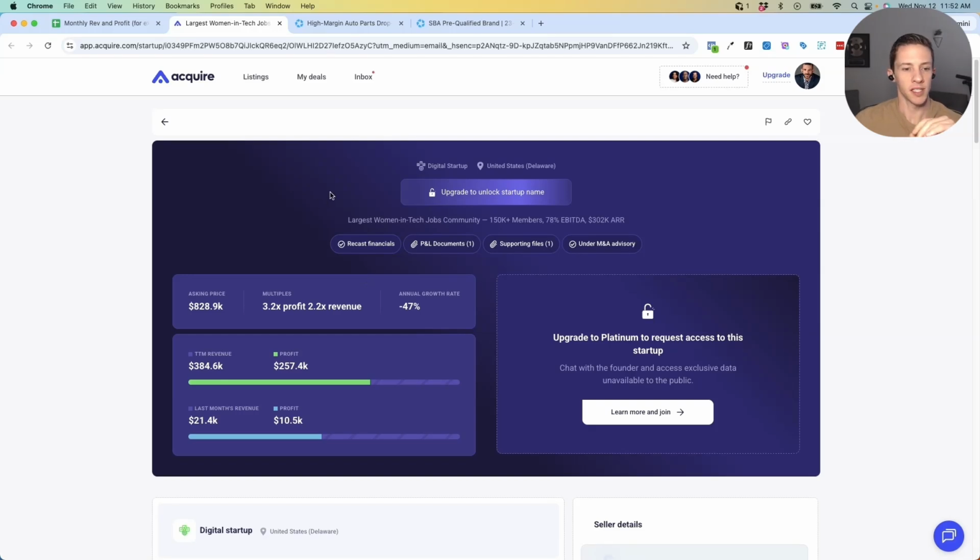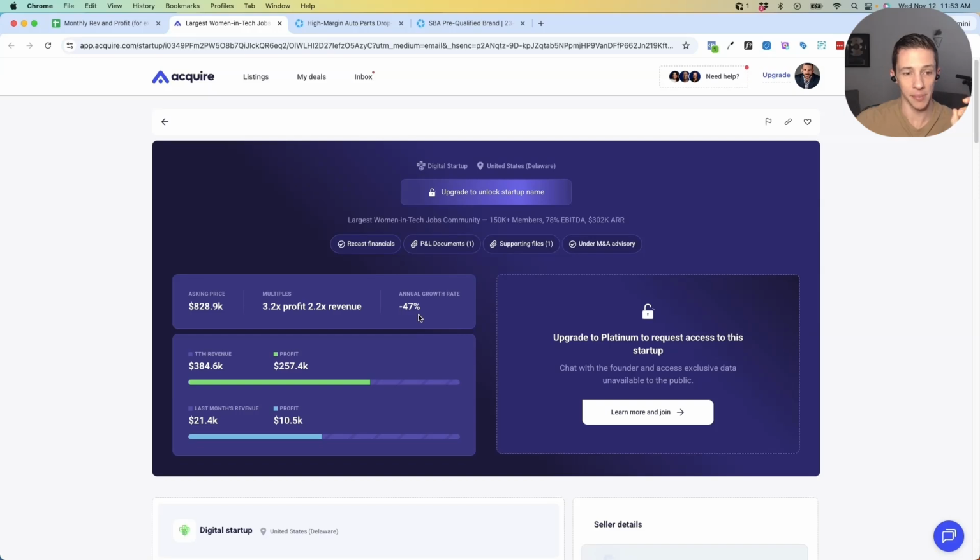But still, this, in a healthy state, would be a 4x business model. And if we 4x this, that would put the valuation at a little over $1 million. But we know, based on this right here, the 3.2x, that they're not doing that, right? So they're accounting for something, in this case, a substantial decline in growth.